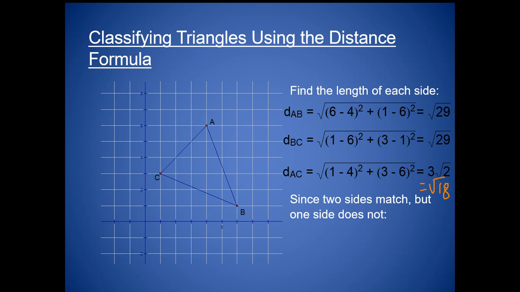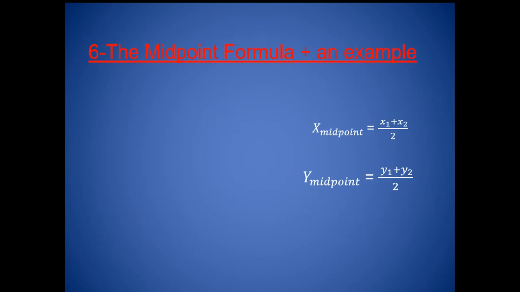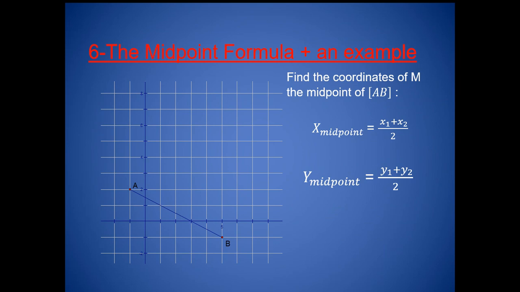Okay? Let's go to the last part for today. The midpoint formula, you know it very well from last year also. How do we find the midpoint of AB using the midpoint formula? X of the midpoint is (x1 plus x2) over 2, and y of the midpoint is (y1 plus y2) over 2. If I want to find x of the midpoint of AB, what is x of B? 5.